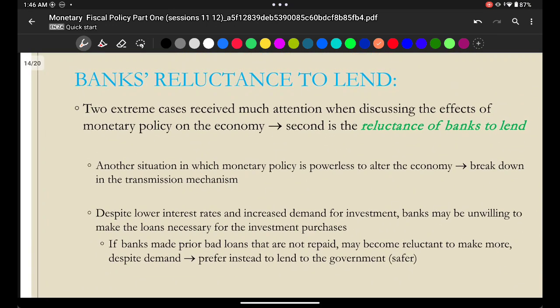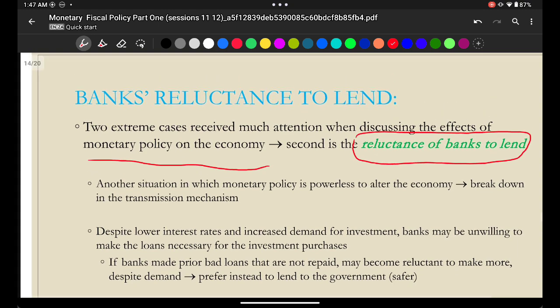Okay, so what's another reason? We already discussed the first reason why monetary policy won't work on the economy: it could be a liquidity trap, number one. The second reason is that banks are reluctant to lend money. If banks do not lend money to us because they're scared we're not going to pay back, then the people in the economy are not going to get money from the bank.